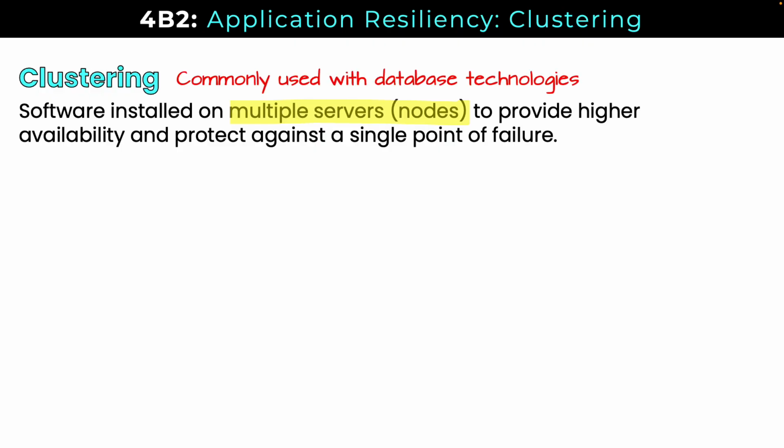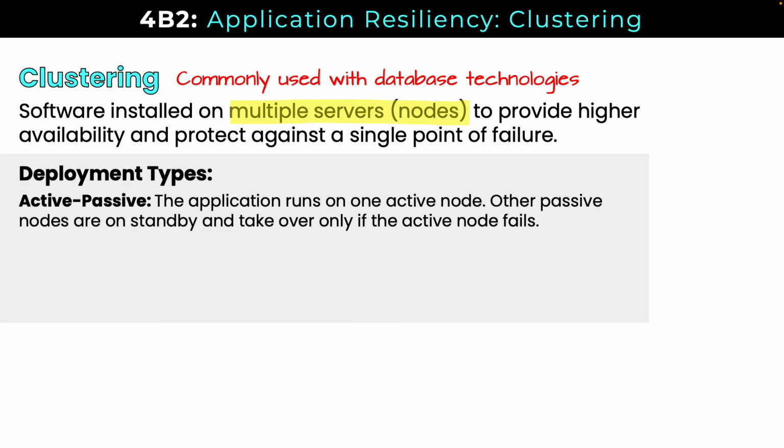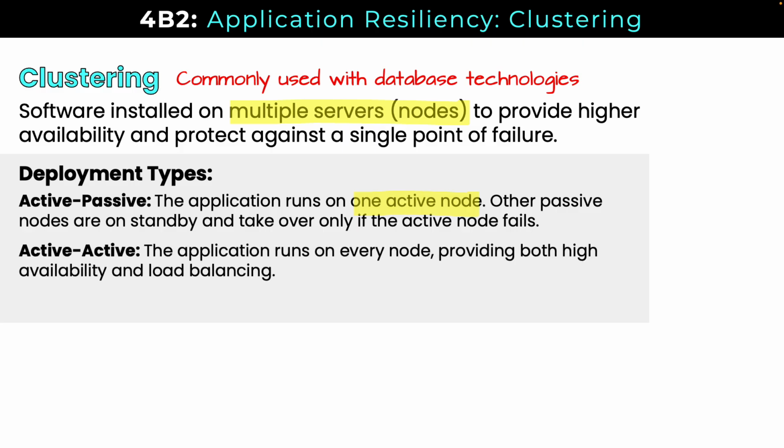Clustering is very commonly used with relational database technologies. And there are different deployment types. We can implement an active-passive cluster where the application runs on one active node. The other passive nodes are on standby and take over only if the active node fails. There's active-active. That's where the application runs on every node, providing both high availability and load balancing. So we're going to have greater capacity in that case.